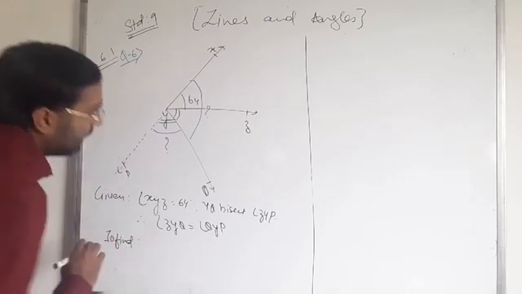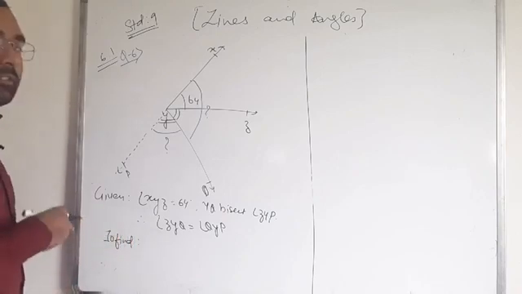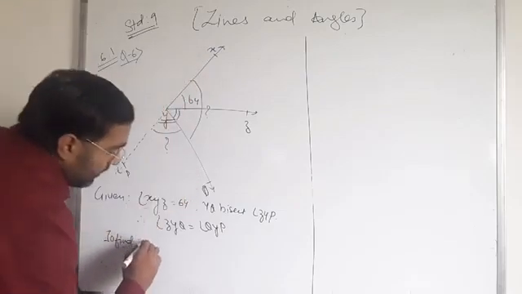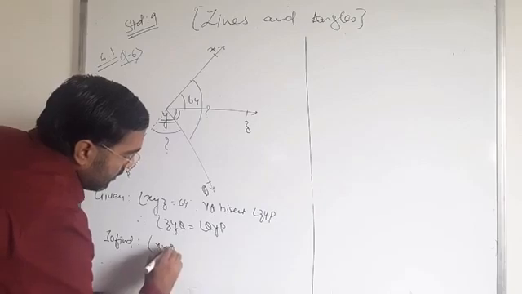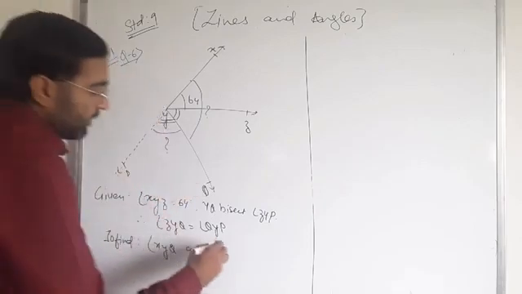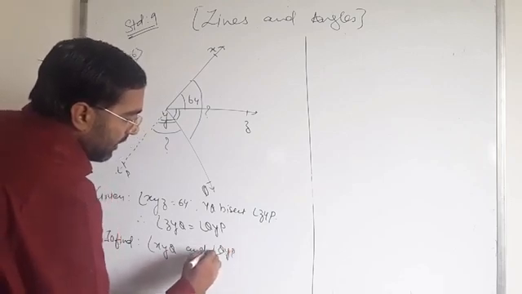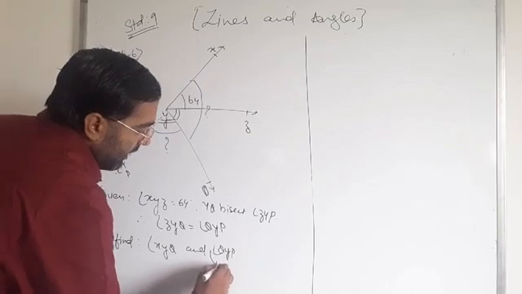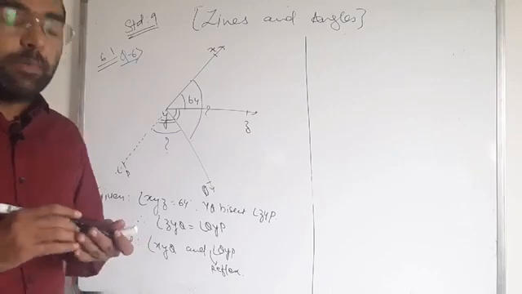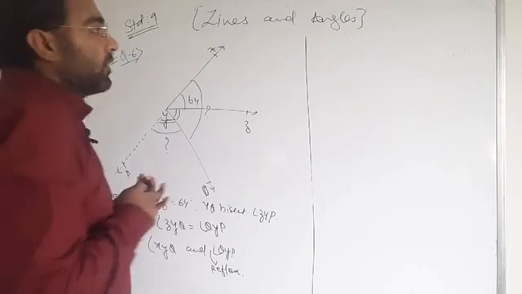Here we don't have to prove anything, we have to find the angles. So we have to find angle XYQ, angle QYP, and the reflex of QYP. I forgot to write reflex. Let's start to solve this.